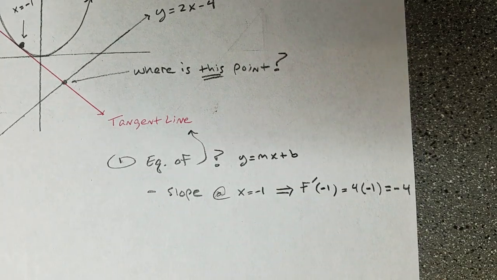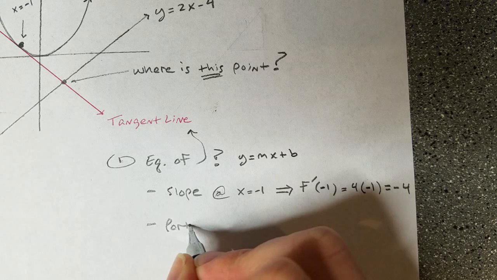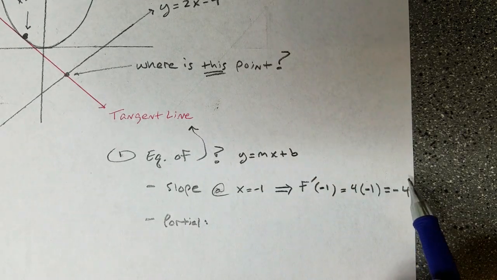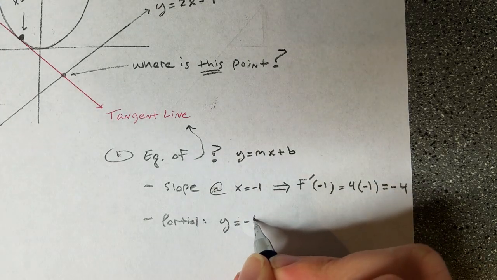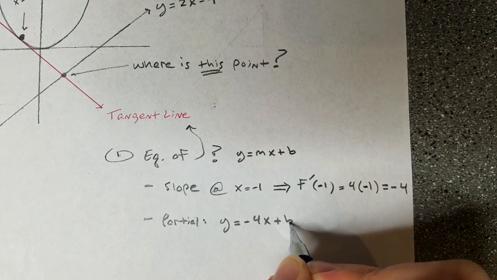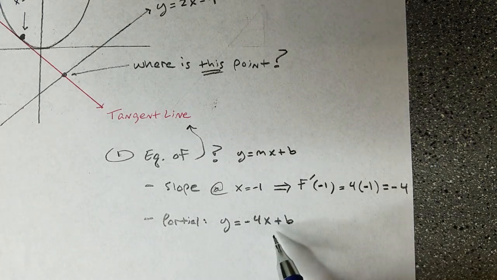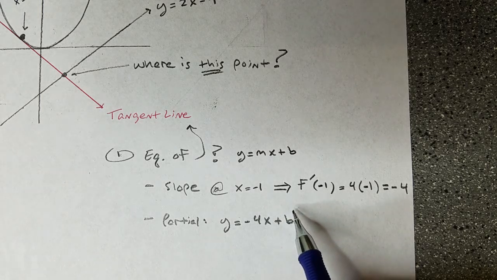All right. So then we get a partial answer to what the equation of the tangent line is. My partial answer, being that it has a slope of -4, is that y is equal to -4x plus b. Okay. How do I find b, though? That's the one last thing to find.